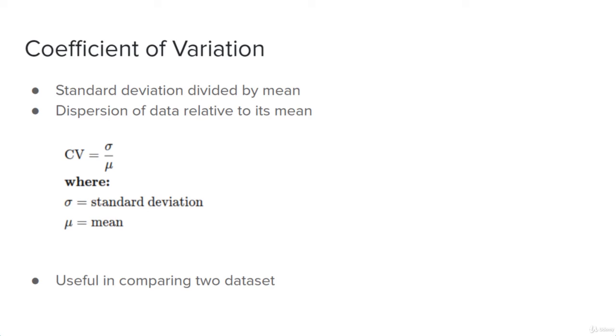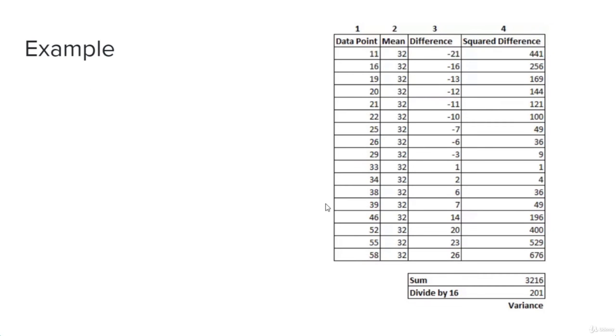Whenever we need to compare two data sets, the coefficient of variation can be used because we have different means for both data sets, and we are going to use this value relative to those different means to compare them. So here we have an example of variance. We calculate the mean of the data points, then we calculate the difference between the data point and the mean, in column number 3.